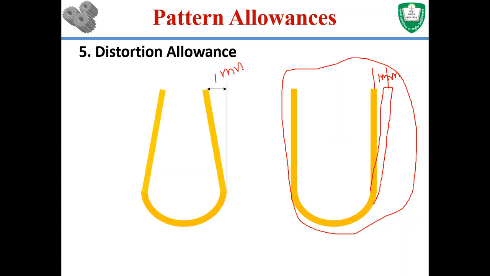That means your pattern has to be inclined in the inside direction, so that after solidification, when you take out the material, this becomes perfectly vertical. Did you understand this?